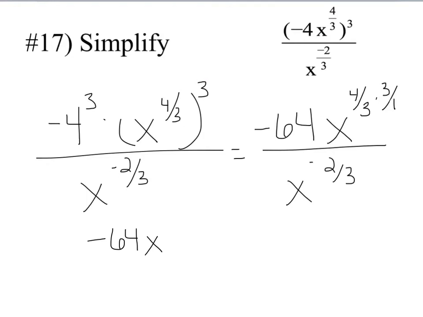When I multiply my numerators, I get 4 times 3 is 12. Over 3 times 1 is 3. And then remember, I'm going to bring this to the numerator because of the negative exponent. So it's going to be times x to the 2/3. And when you bring it to the numerator, you drop the negative. Okay, so now I have like bases, and so I need to add my exponents.